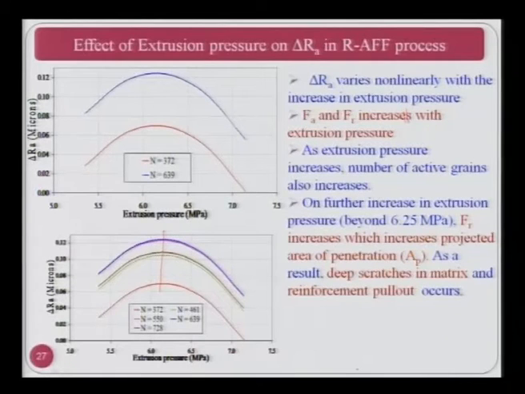On further increase in extrusion pressure, that is beyond 6.25 megapascal, FR increases, which increases the projected area of penetration AP. As a result, deep scratches in the matrix and reinforcement pullout occur, and as I have already mentioned, if deep scratches or pullout are there, then delta Ra is going to decrease.